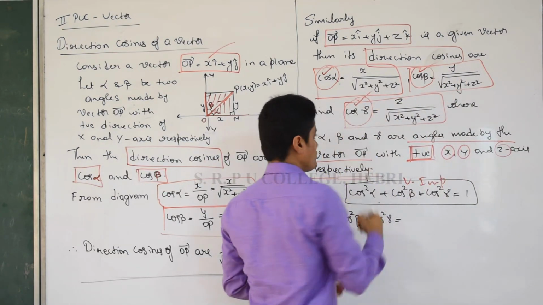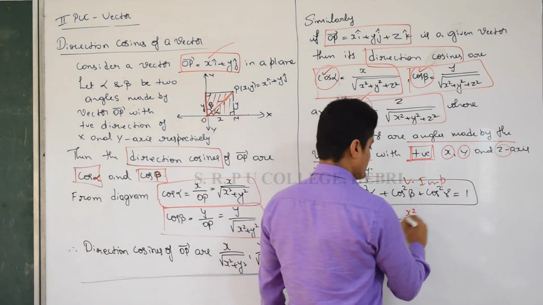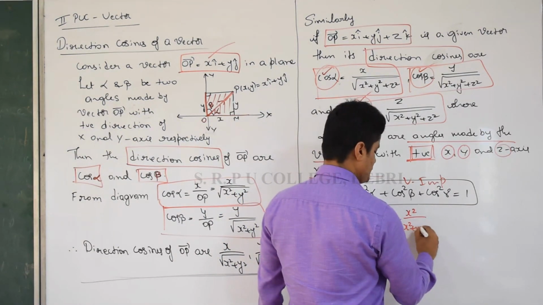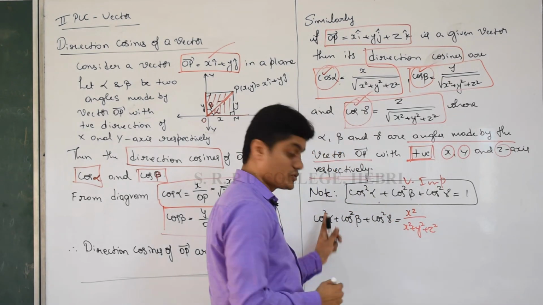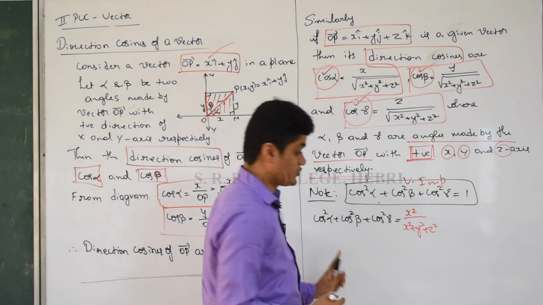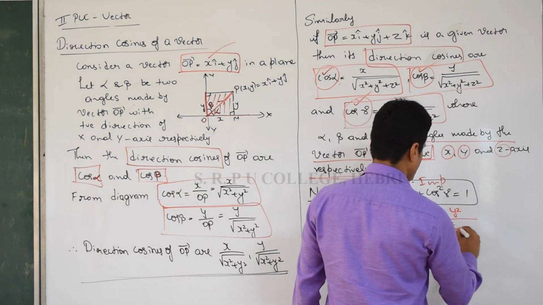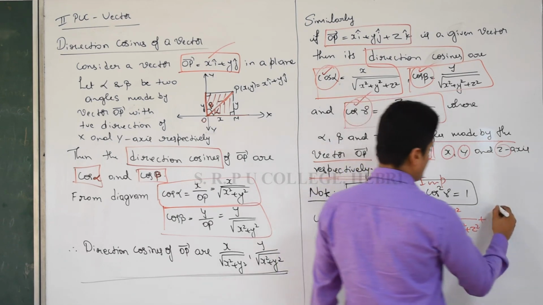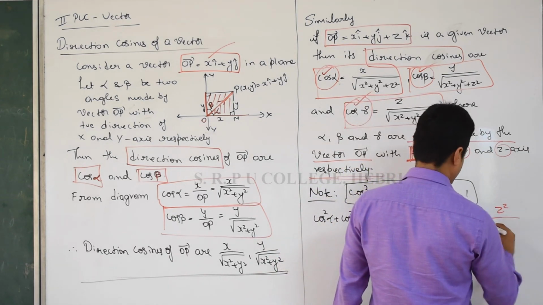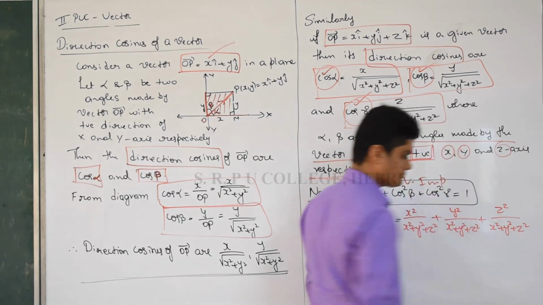Now I am not going to write again, I am just going to use it. What is cos square alpha? x square by x square plus y square plus z square; the square root cancels after squaring. So cos square alpha, plus cos square beta, which is y square by x square plus y square plus z square, and cos square gamma, z square by x square plus y square plus z square.